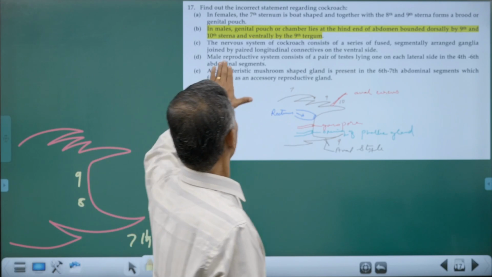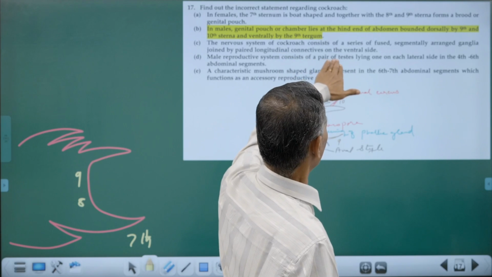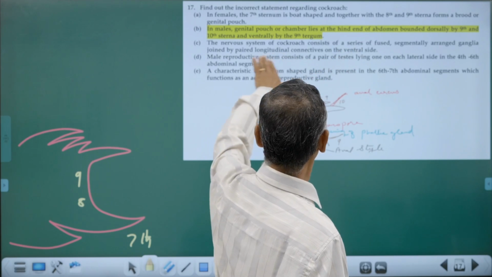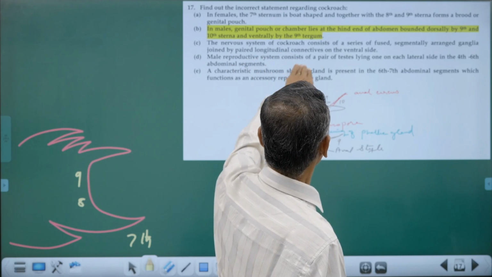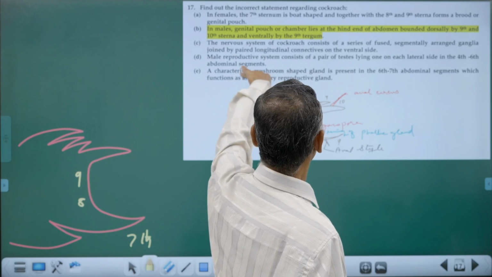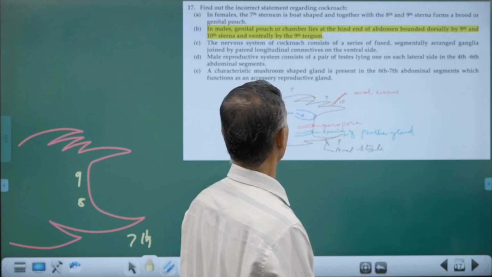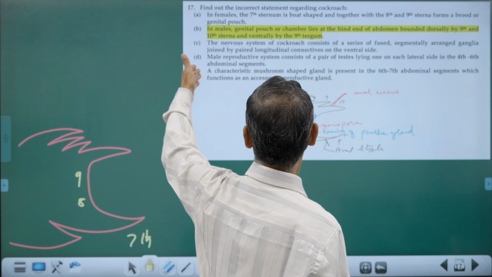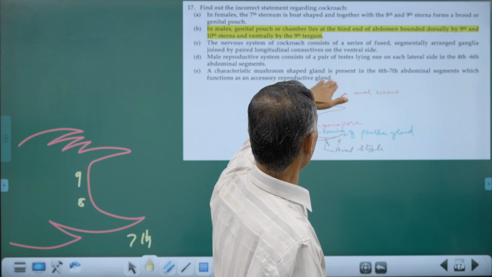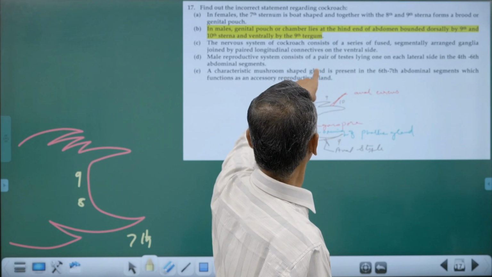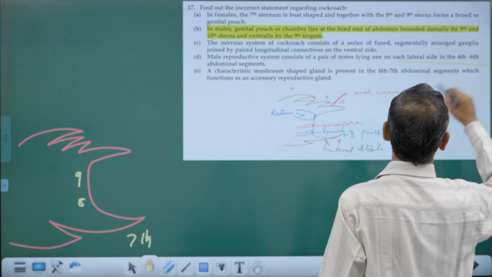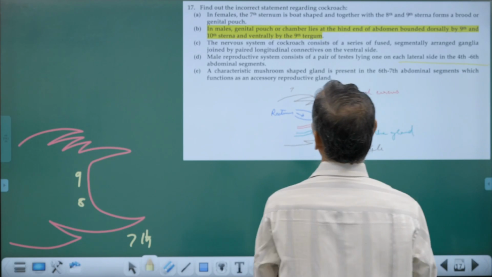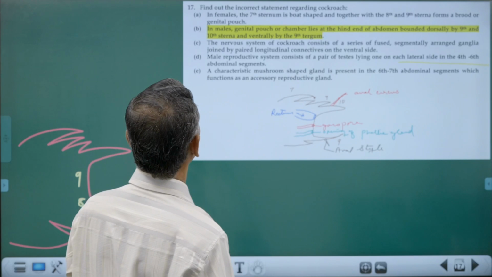Okay. The nervous system of cockroach consists of a series of fused, segmentally arranged ganglia joined by paired longitudinal connectives on the ventral side. They are all connected together by the nerve cord. Male reproductive system consists of a pair of testes. See, testes are lying on each side, lateral side, on the 4th to 6th abdominal segment.